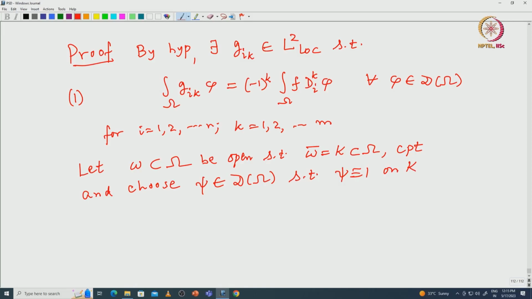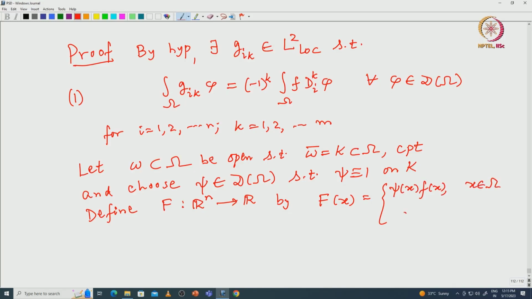So, now define F from R^n to R. Okay. So, if you are considering real valued functions, F of x is equal to psi(x) f(x) if x belongs to omega, 0 otherwise.